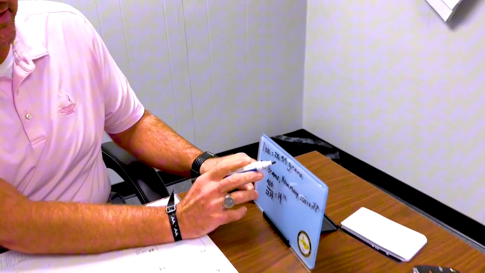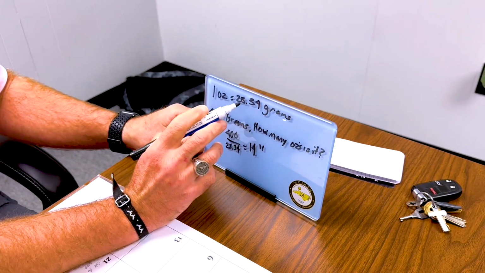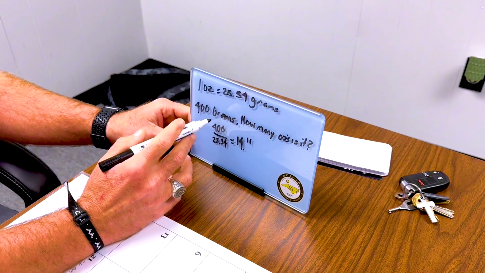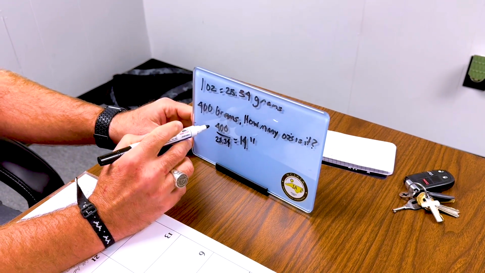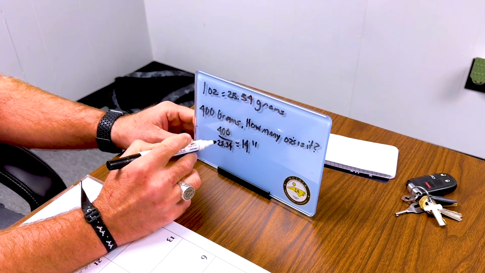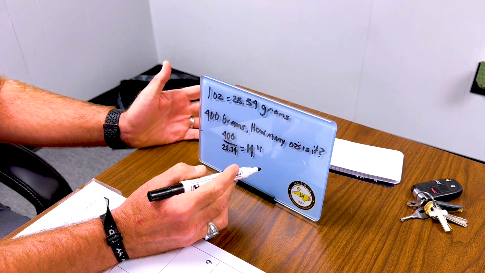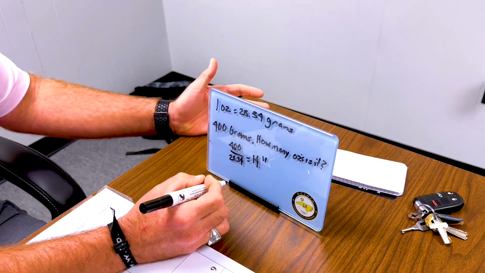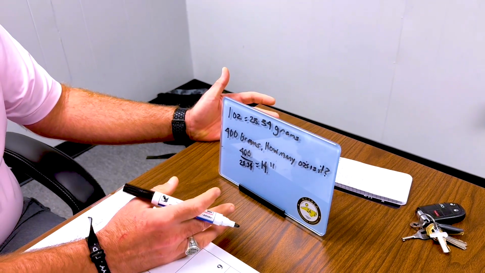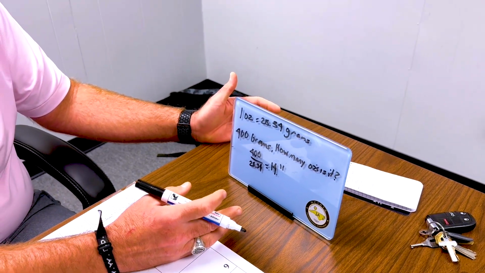Well, say if we want to convert that to ounces, it's a pretty standard formula. 1 ounce, like I said, is 28.34 grams. So if we have 400 grams, we'll just divide 400 by 28.34, and that equals 14.11 ounces. So if you got 400 grams of any alleged narcotic, that will equal 14 ounces of that particular drug.